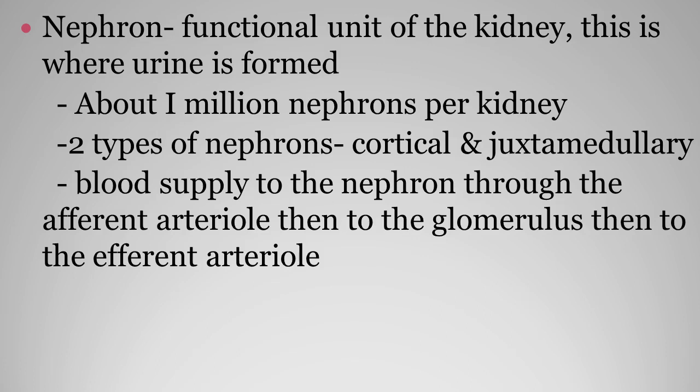Your juxtamedullary nephrons are about 20% of all your nephrons. They're longer, and they start into the medulla. And what makes them a little bit different than your cortical nephrons is that they actually concentrate urine. So for instance, if you're outside on a hot day, you're not drinking a lot, your intake has really been quite decreased.